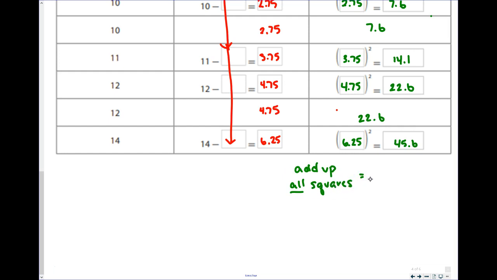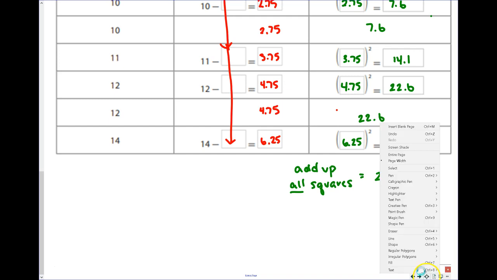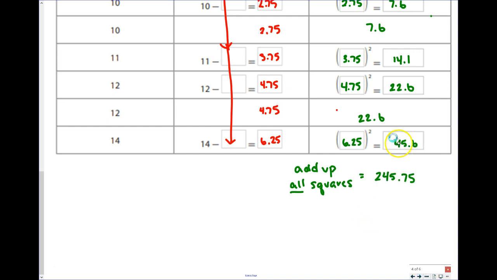When you add all of these values up, you end up getting a total, and that total is 245.75. Basically I'm going to add this, add this, add this, add this, and get one giant total at the bottom. When I do that, I end up getting 245.75.